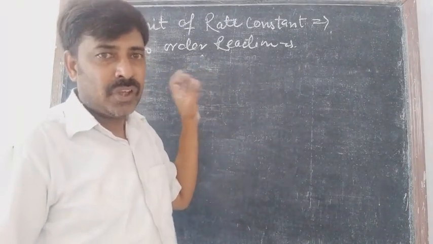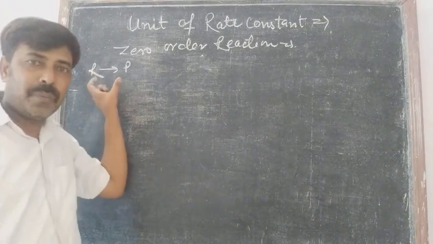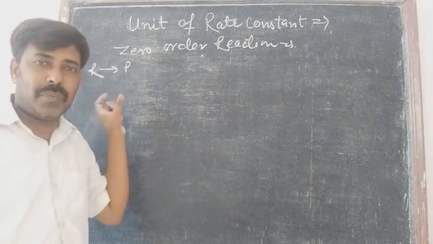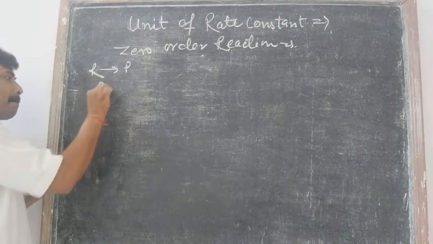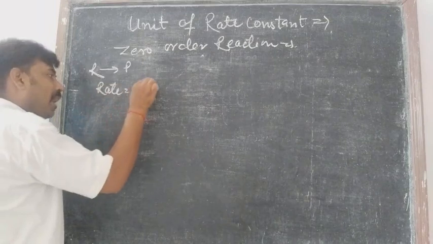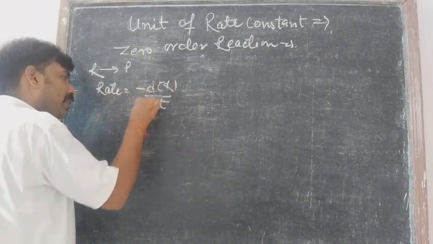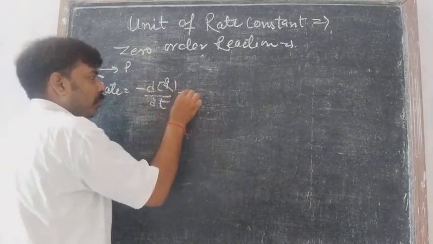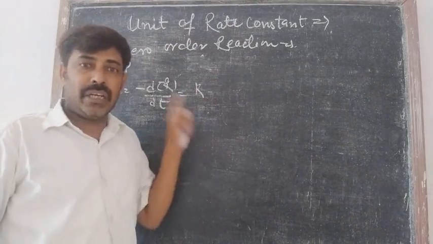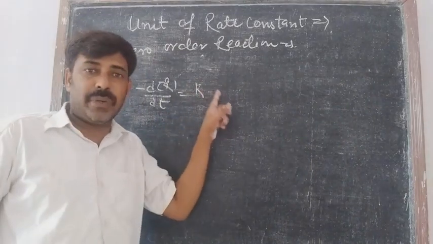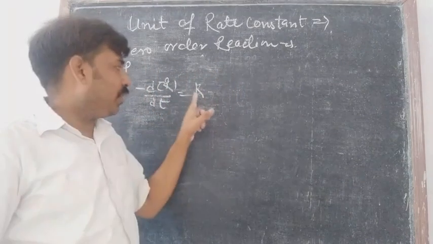For a zero order reaction, R is converting into P, the reactant is converting into product. Then the rate equals minus d[R]/dt equals k, because for a zero order reaction the rate law will be k[R] to the power of the order, and in the case of zero order the power will be 0, so it will be k.